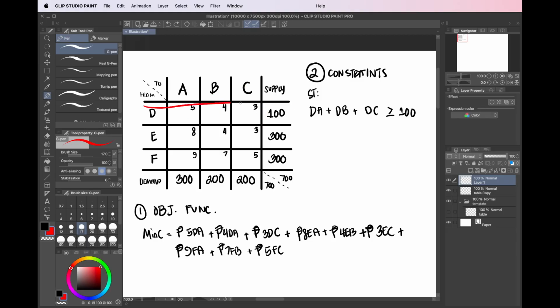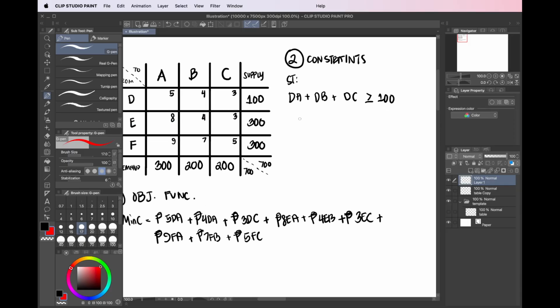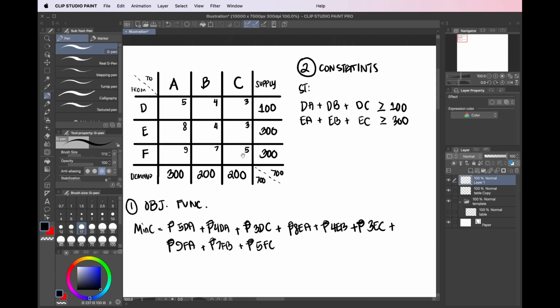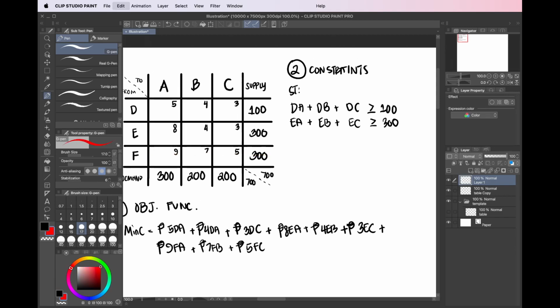Okay? So we're done with this row. Next we do this row. So EA plus EB plus EC is greater than equal to here 300. Then next is the third row.